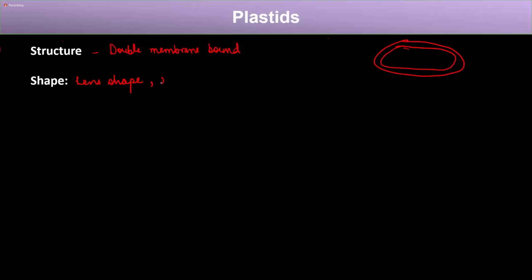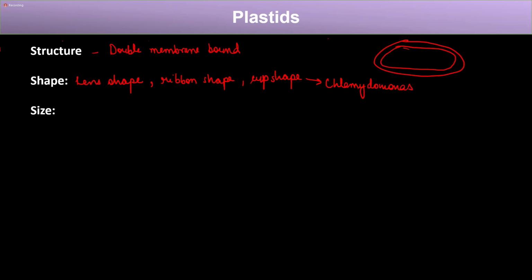Apart from this, the plastid can also be of ribbon shape. Okay, it can also be of cup shape. This cup-shaped plastid is present in an organism known as Chlamydomonas.